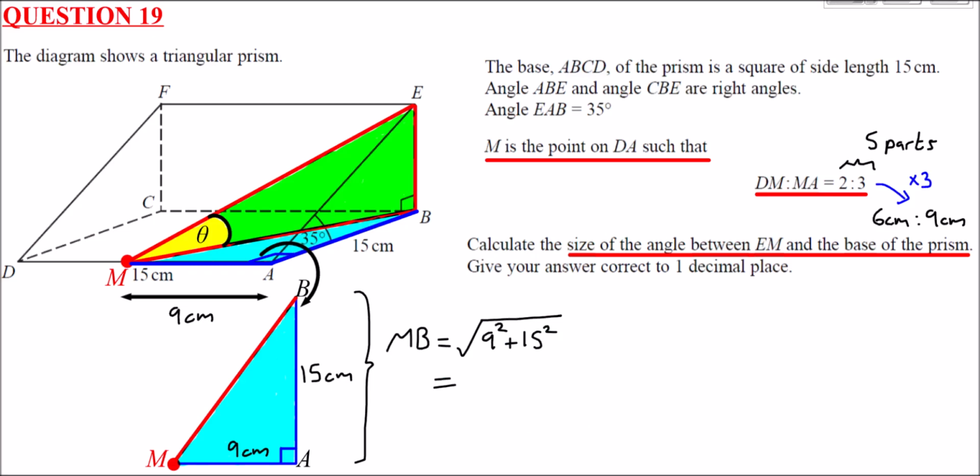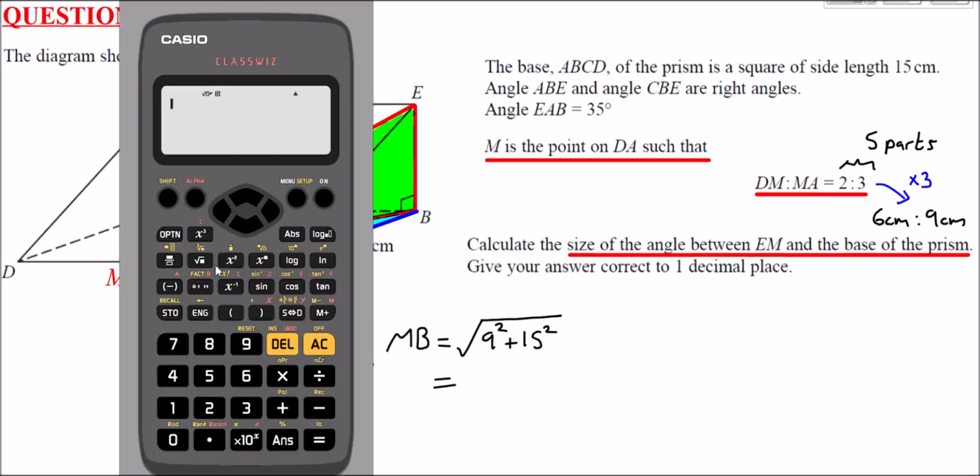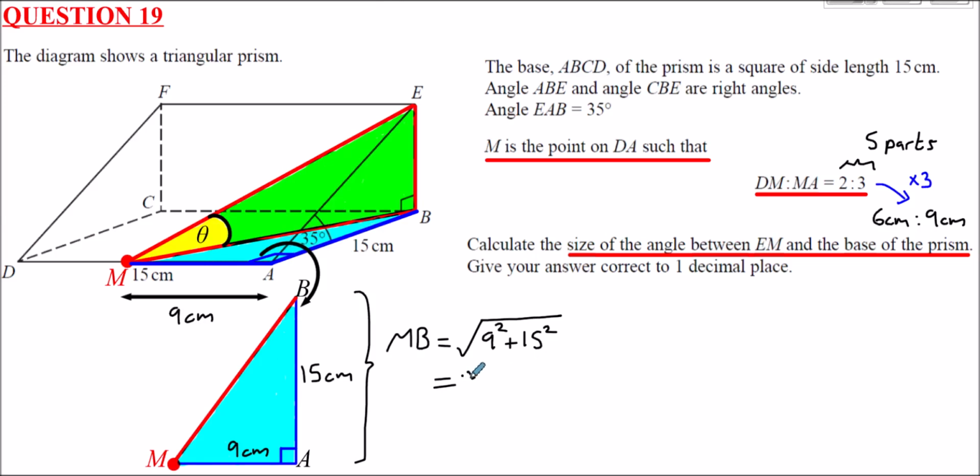So if we calculate this, the square root of 9 squared plus 15 squared gives us 3 root 34. And for now, let's leave it in exact form. So we get 3 root 34. So we now know one side of this triangle.